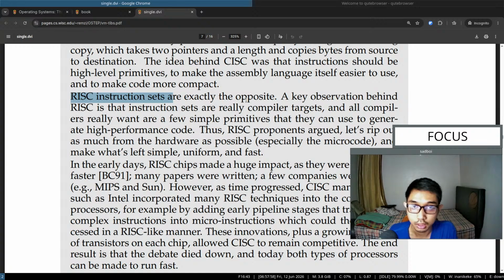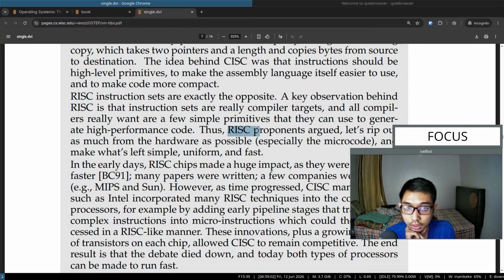RISC instruction sets are exactly the opposite. A key observation behind RISC is that instruction sets are really compiler targets, and all compilers really want are a few simple primitives that they can use to generate high performance code.